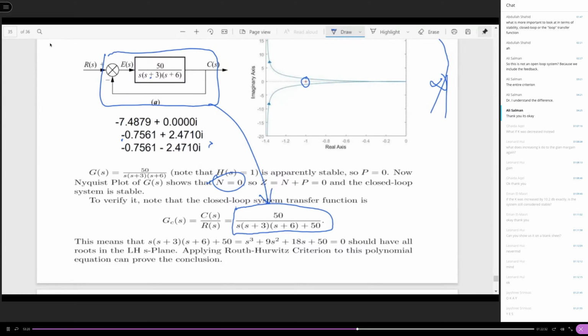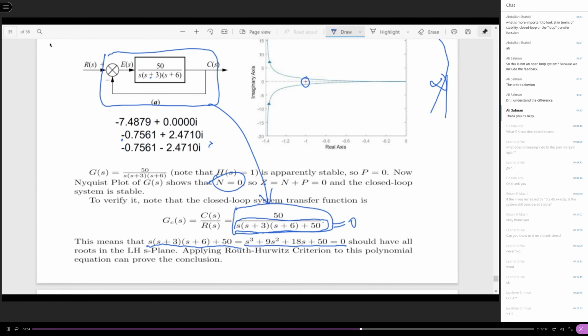And then after you calculate it, find its denominator, because this denominator polynomial equation is going to determine all of the closed loop poles, right? You find the denominator equation, which is here. Then you need to solve a third order polynomial equation, right?